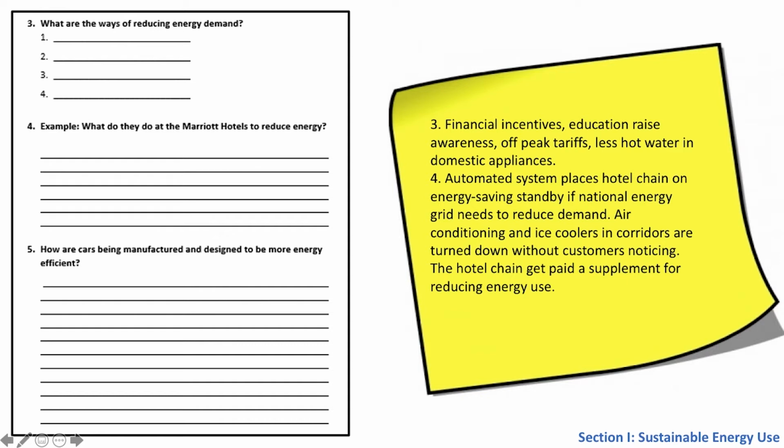Improving education and raising awareness is important. If people are aware of the damage that their choices are having on the environment, hopefully they'll make different choices. An off-peak tariff means encouraging people to use energy at less popular times. And the final one talks about less hot water in domestic appliances.